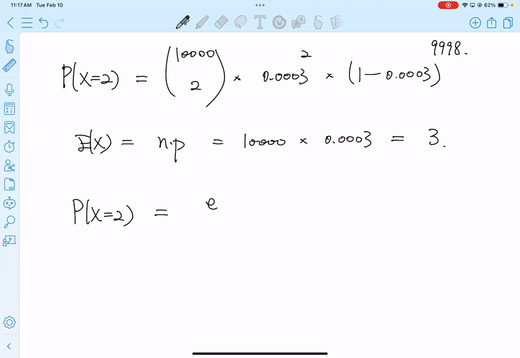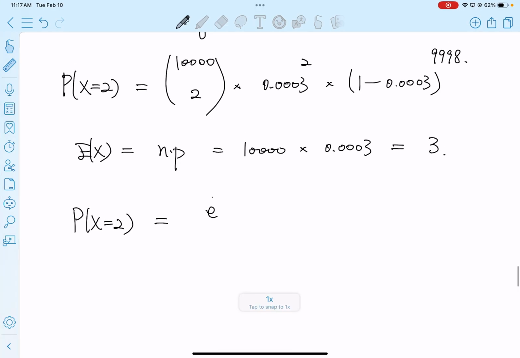So back in the days, people could use the expected value from the binomial process, and here we replace lambda by 3. We can bring in the expected value to replace the parameter lambda of a Poisson distribution.